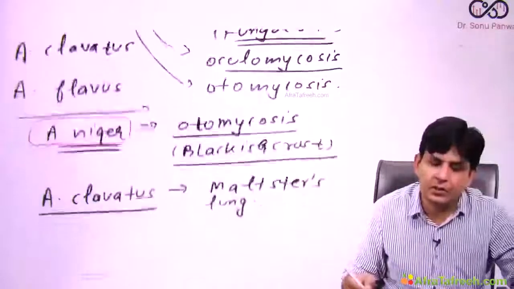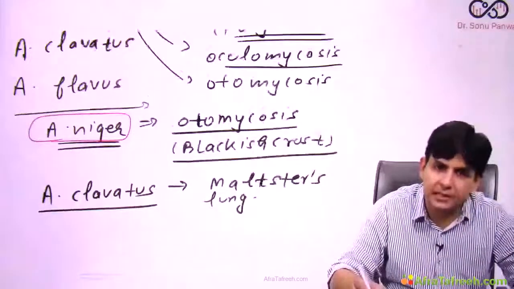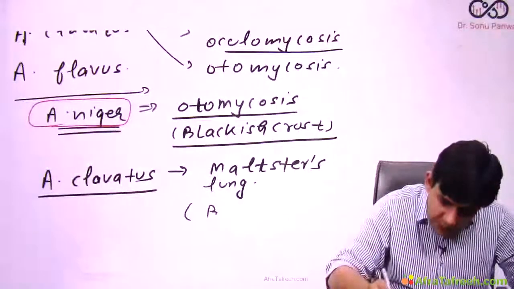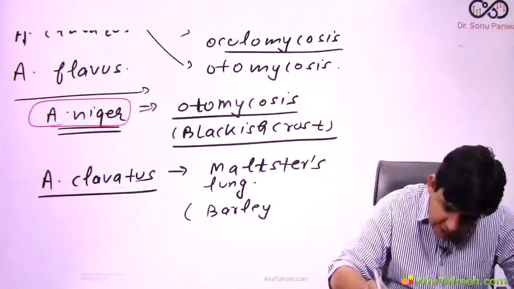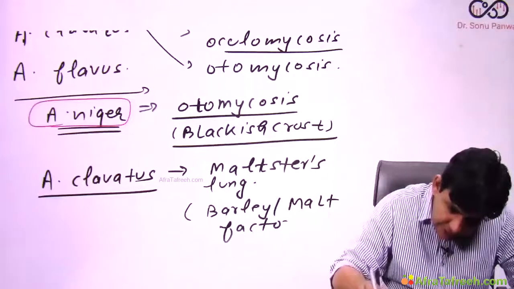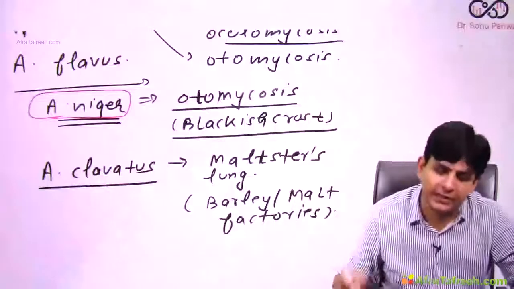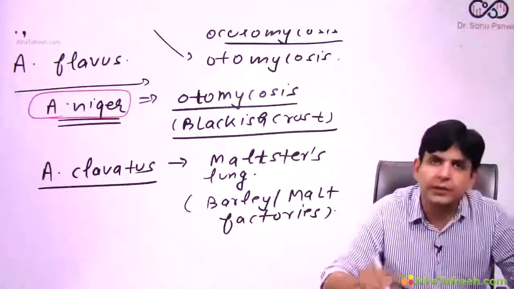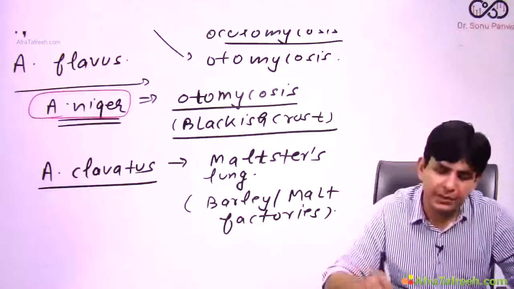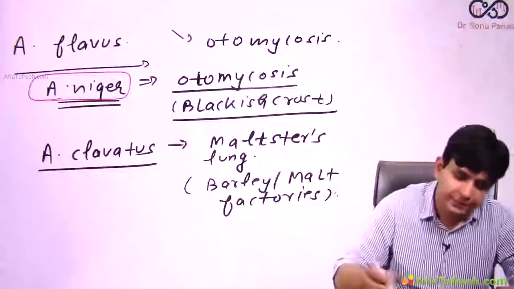This leads to an occupational hazard termed Malster's lung, which is common among those who work in barley and malt factories. So remember, this is an occupational disease concerned with barley and malt factory workers.